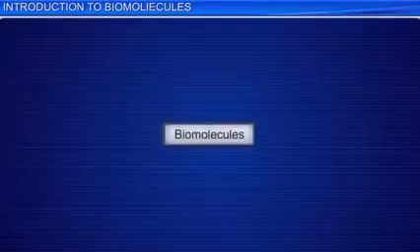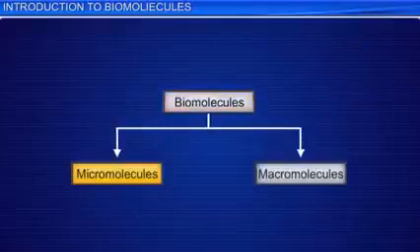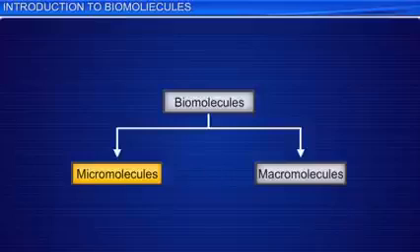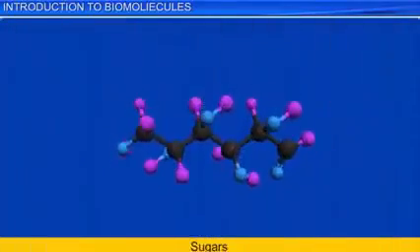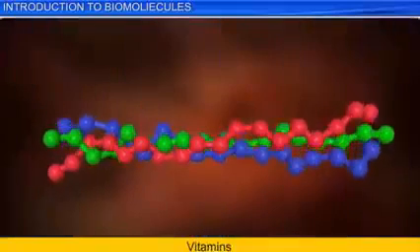Based on molecular mass, biomolecules can be classified into micromolecules and macromolecules. Micromolecules are biomolecules whose molecular weight is less than 1000 and include sugars, lipids, vitamins, and so on.